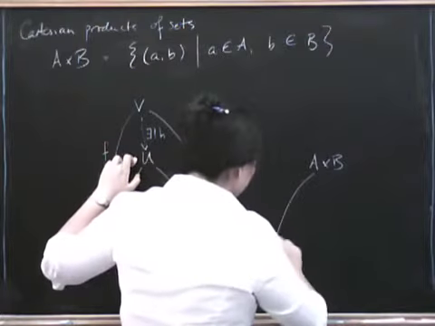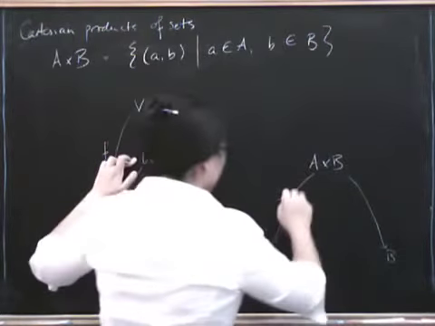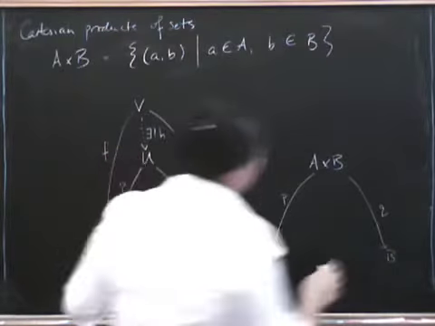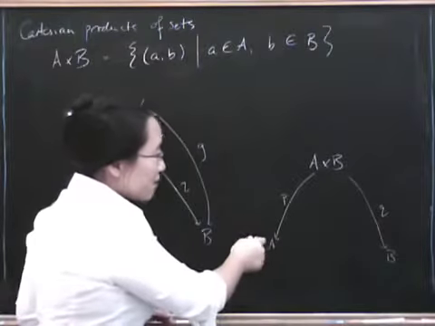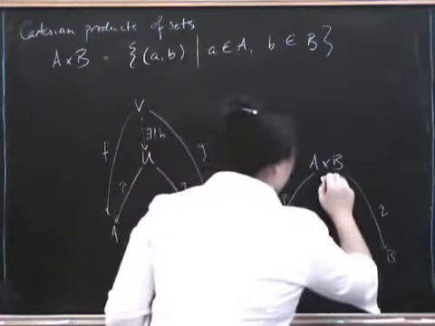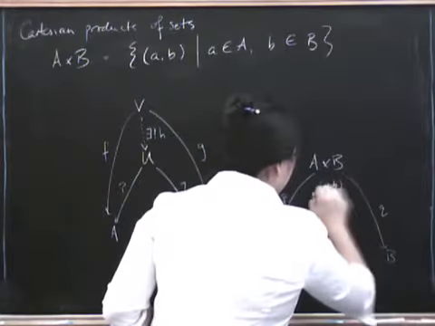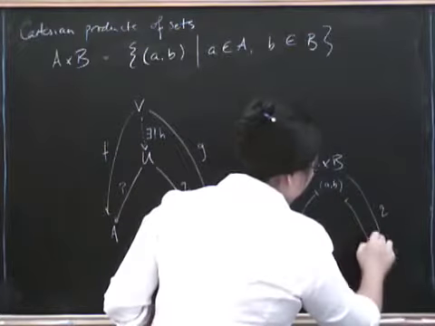Well, first of all, does it come equipped with maps to A and B that we could call projections? Well, yes, it does, because given any pair (a, b) here, we can very naturally send it to little a down here, and very naturally send it to little b over there. So (a, b) goes to little a here, and it goes to little b here.